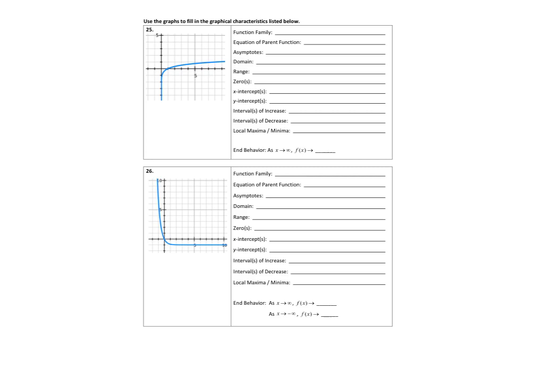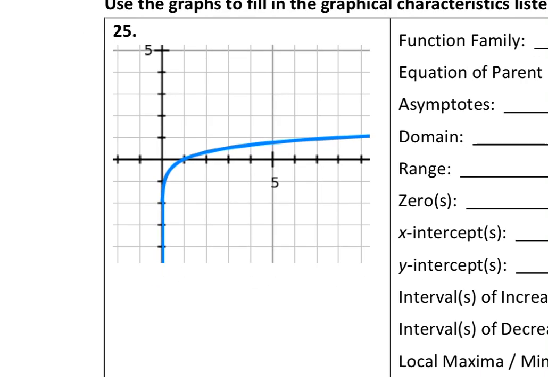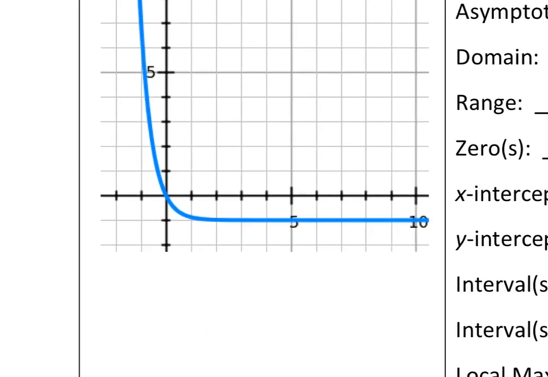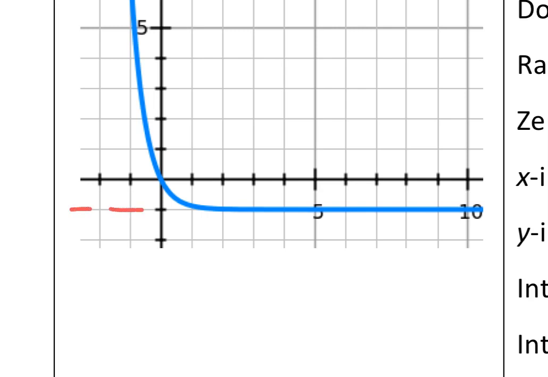And now you're back, and hopefully in this first graph, you drew a vertical asymptote here at x equals 0. And in the second graph, hopefully you drew a horizontal asymptote here at y equals -1.